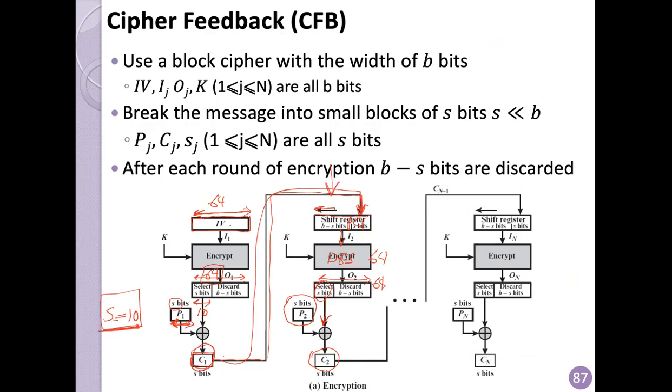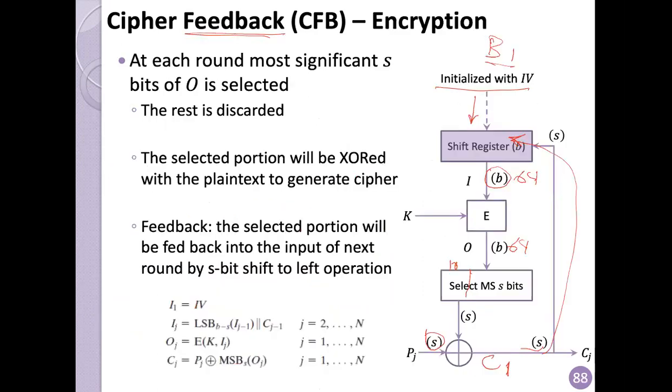This is the actual way that we implement it, but conceptually we can say that this CI is going to be fed back and makes the initialization vector for block I plus 1. That's why people call it feedback, because here there is a loop between the CI and the initialization vector. Of course, this is the cipher of block number I, and this is the initialization vector of block I plus 1.